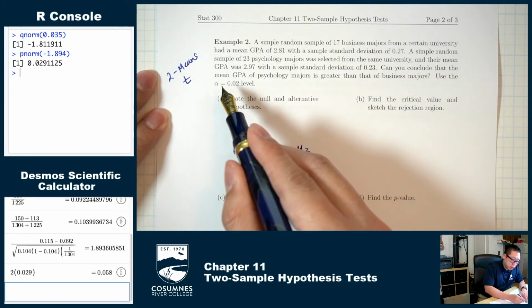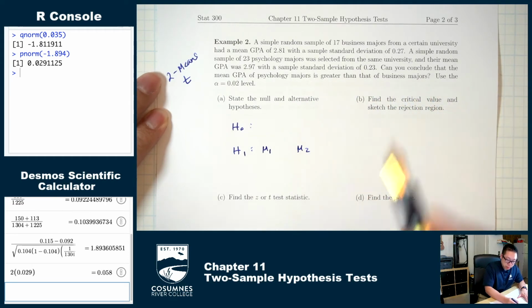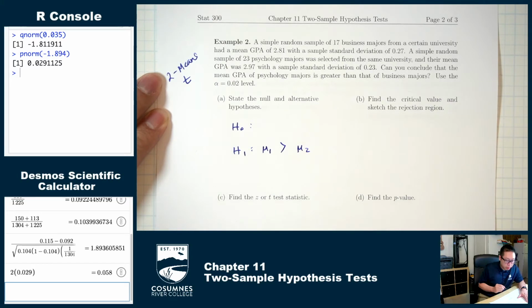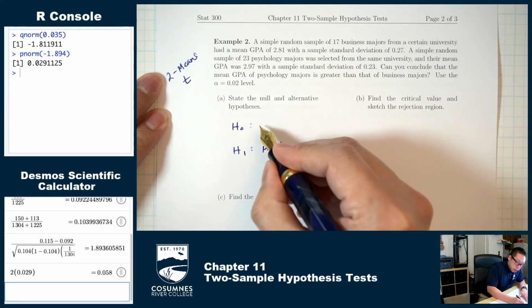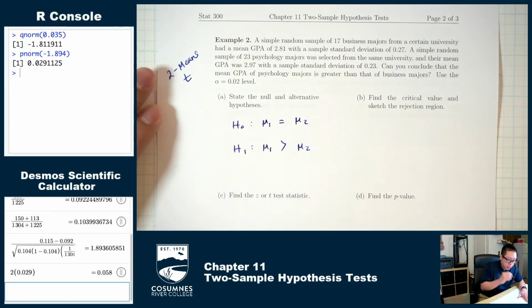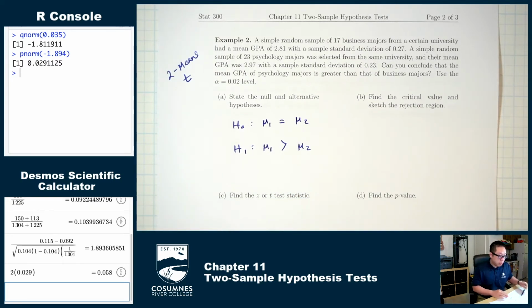Can you conclude that the mean GPA of psychology majors is greater than that of business majors? Okay, so it does say greater, so I'm going to go with greater. H0 is going to be equals. And then here it's going to be important for you to label what 1 is and what 2 is.